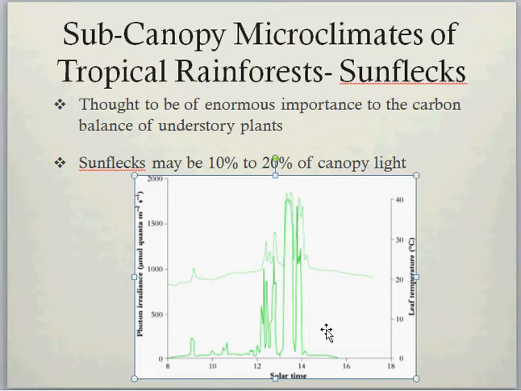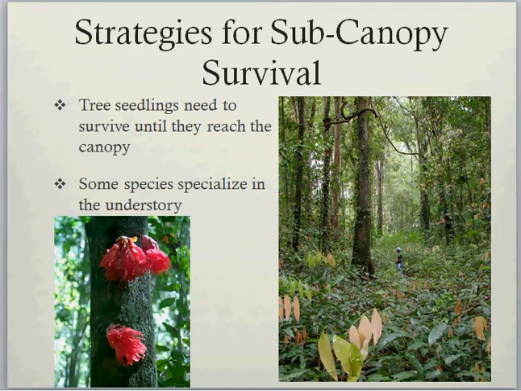So there are strategies for sub-canopy survival. Tree seedlings need to be able to survive this sub-canopy environment until they get their leaves up into the canopy. So here we have a mora forest. There's a chap there looking at a big mora tree, adult mora tree, and you can see all the mora seedlings in the foreground here.